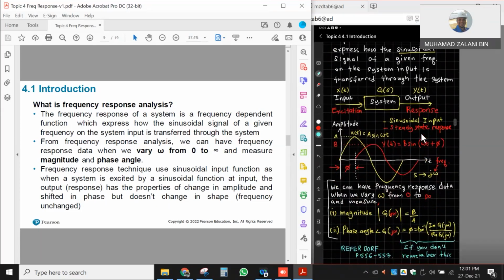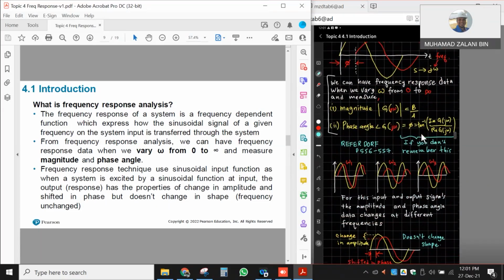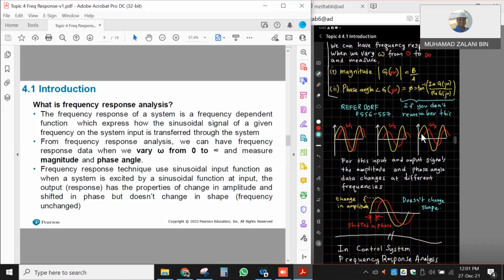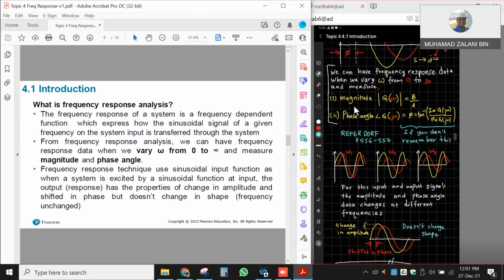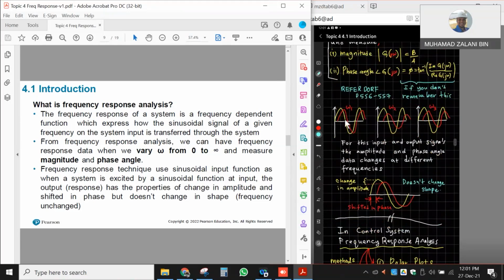Okay, moving on to the lecture notes. Basically, this is the relationship between input and output, where the yellow one is the input. At this frequency omega 1, for example, if we excite the system with the yellow signal, the response of the system will be the red one.